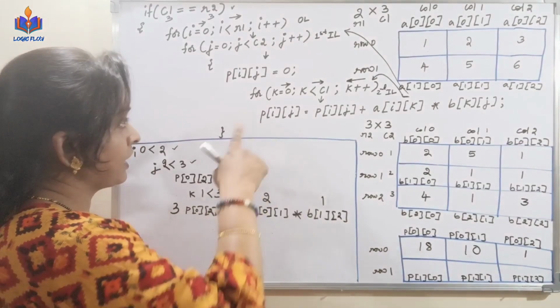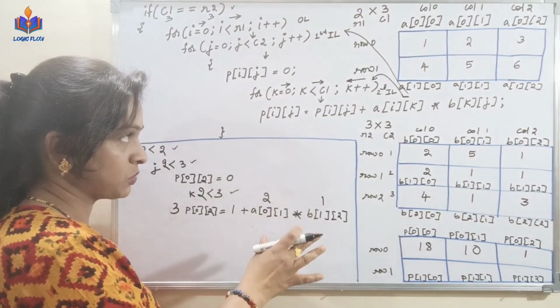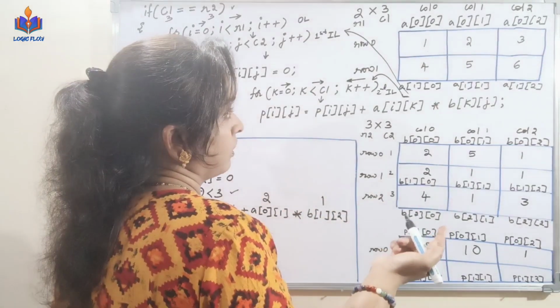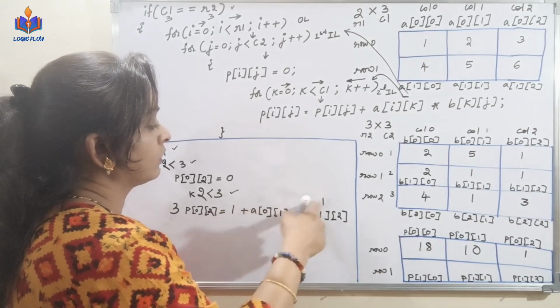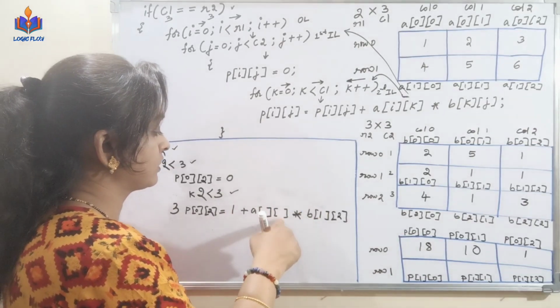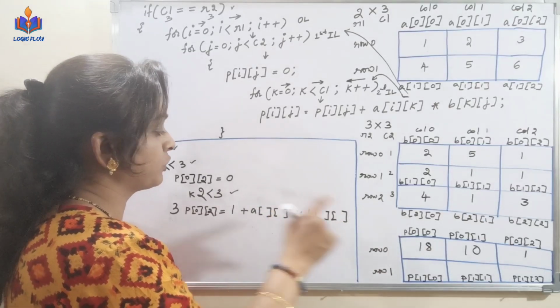Then again the K loop gets increased. K becomes 2. 2 less than 3. Yes, condition true, because I have one more value now. Now let me change all the values. I'm just erasing all the index values so that you don't get confused.